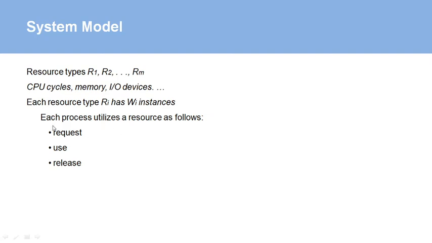Each process utilizes a resource as follows. First you need to request, for example using an open system call, then use that resource, and finally release the resource using a close system call. Any instance of a resource type can be used to satisfy a request for that resource.